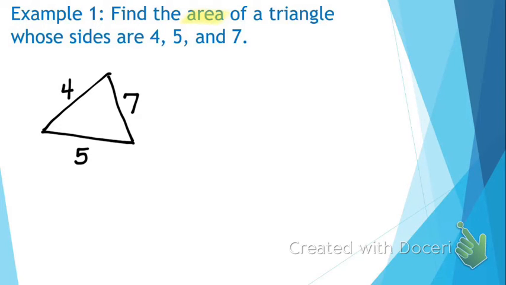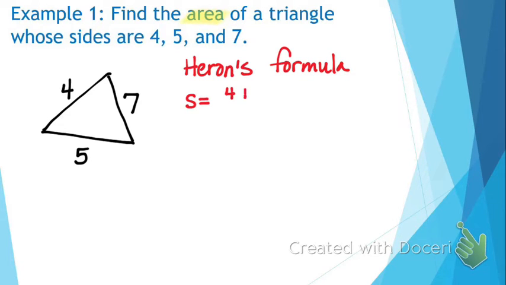So we're finding the area. We don't know any angles, so we have to do Heron's formula. So the first thing you want to do when you're finding Heron's formula is find S. So go ahead and add these three sides together and divide that by 2. So go ahead, grab a calculator if you don't have one. Find S. That's the first step.